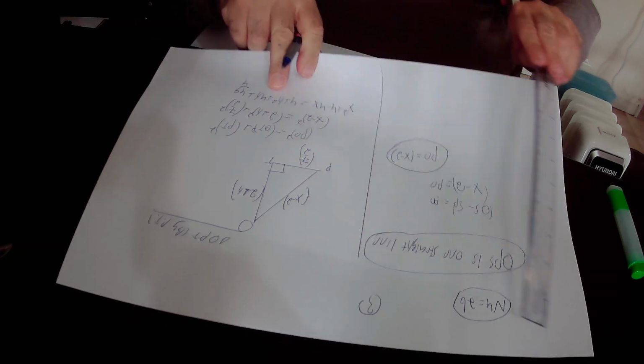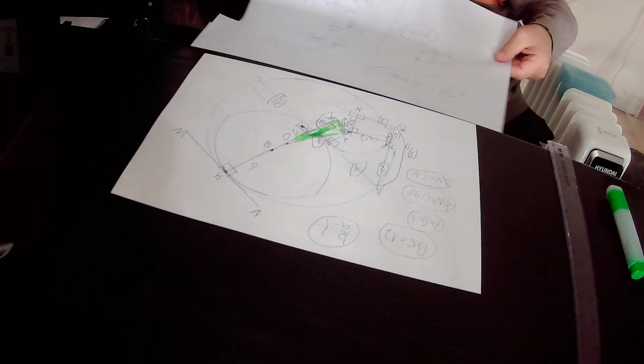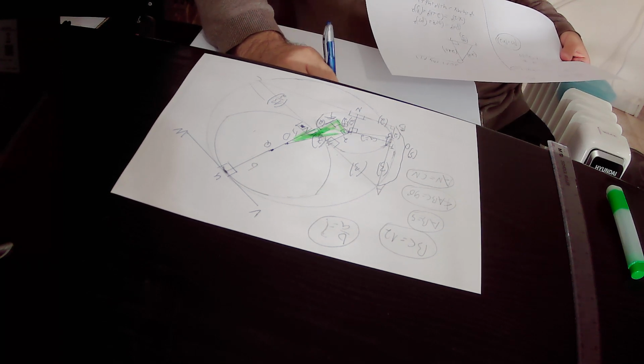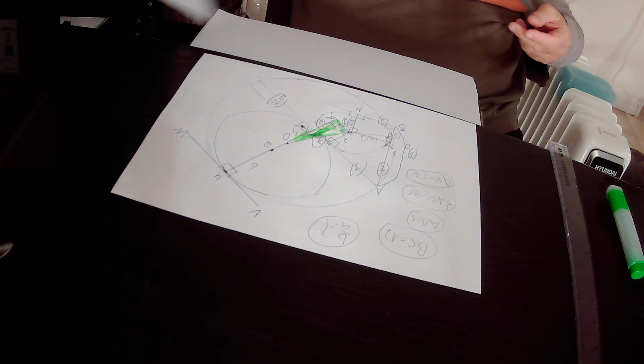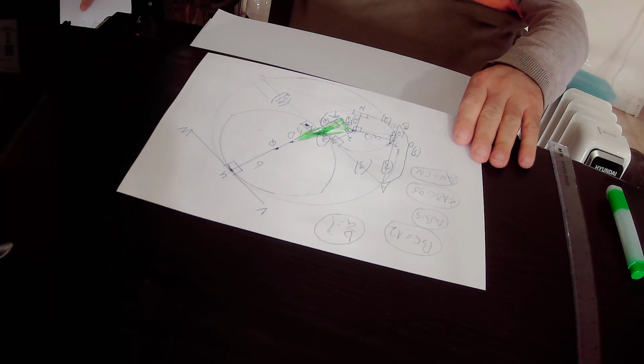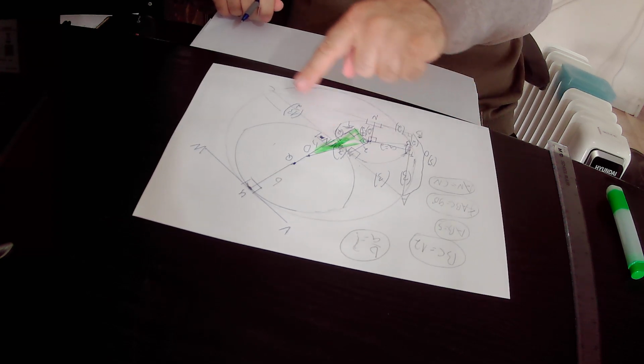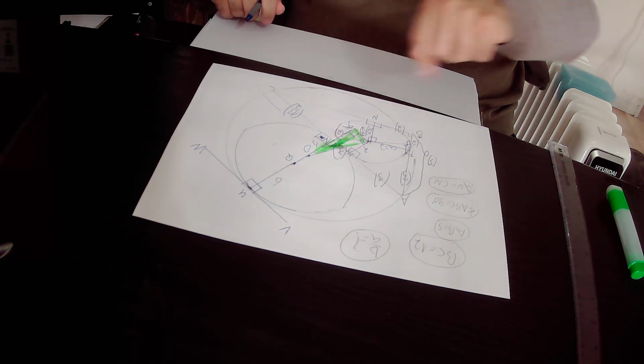In the next step, we join points O and C together by a straight line.